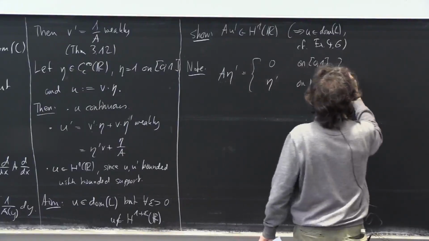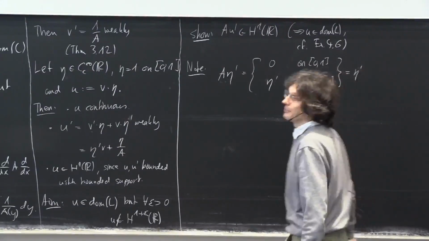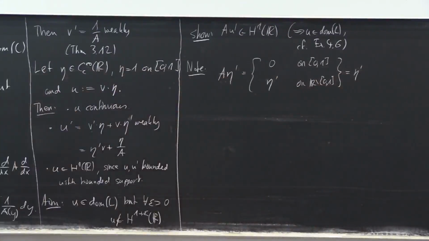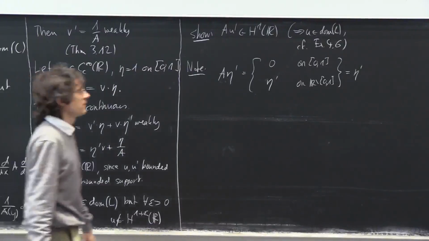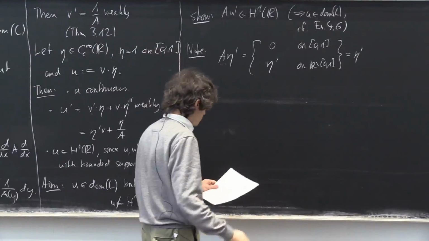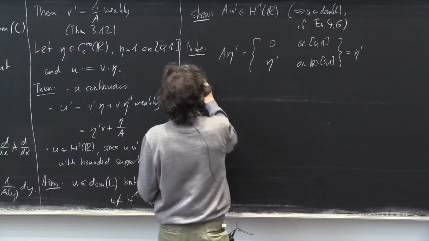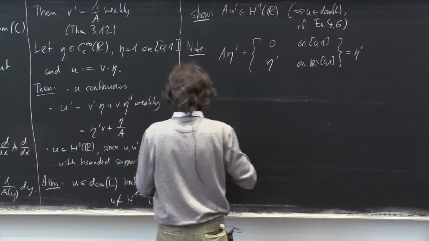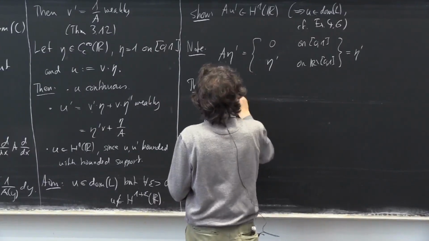This can be written more shortly. This is eta prime. Because on 0, 1, eta prime is 0, and outside of 0, 1, the eta prime is eta prime. So A eta prime is just eta prime. And this is the main observation to make the things work. So what is AU prime?